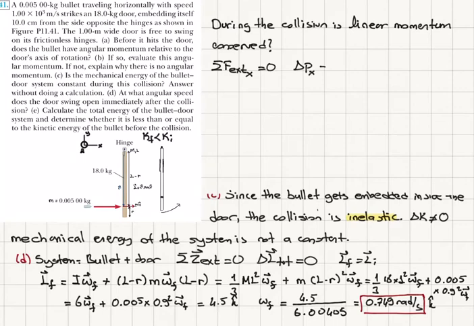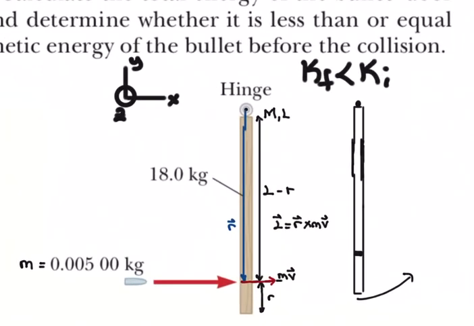Net external force, the x component, must be equal to 0 so that I will have the change in the x component of linear momentum to be 0, because remember, net external force is equal to dp dt.